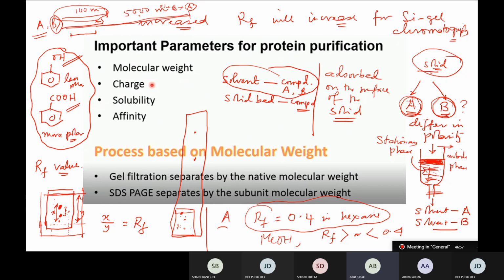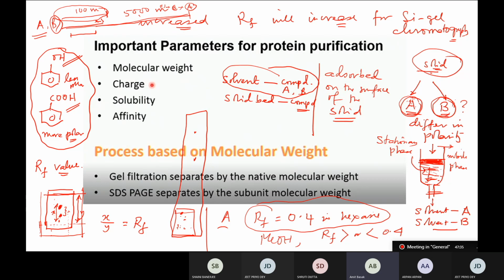Or if the proteins have different extents of positive charge, say at pH 5 one protein has 5 excess positive charges and another protein has only 1 excess positive charge, when you apply a field, both will move, but the one with more positive charges will move faster than the other.